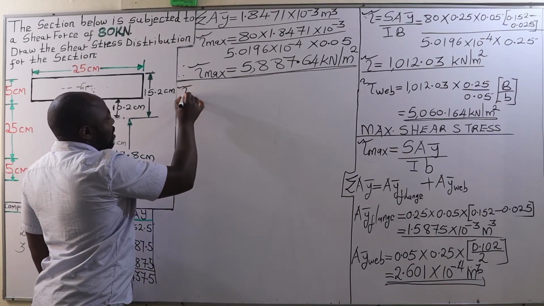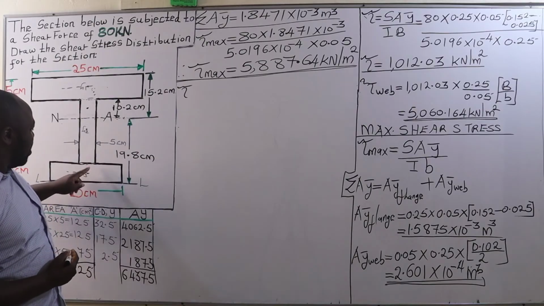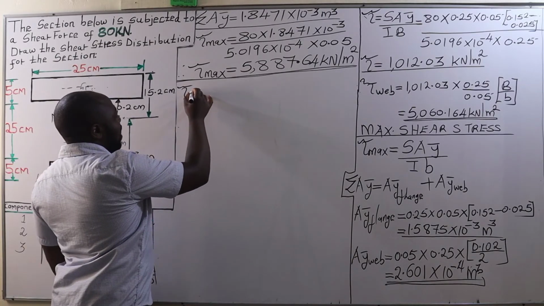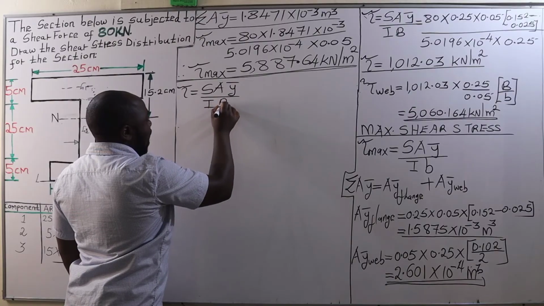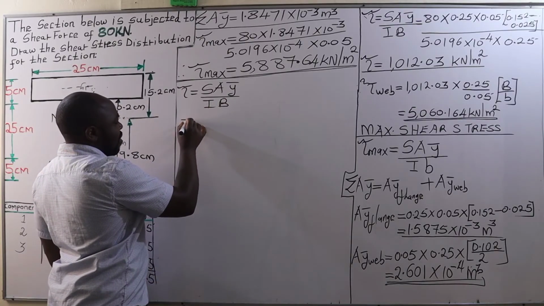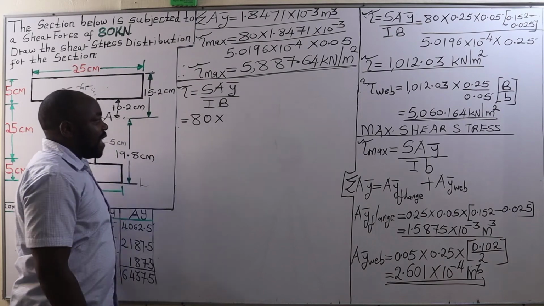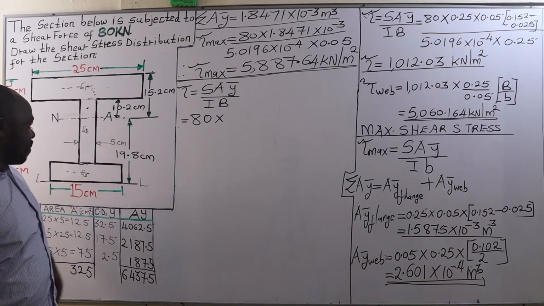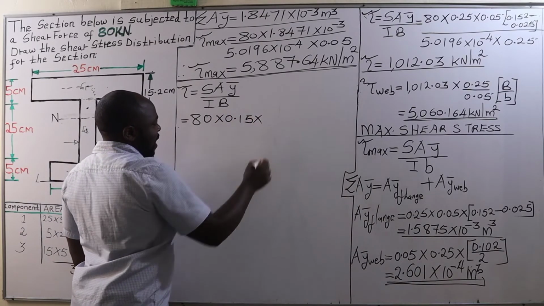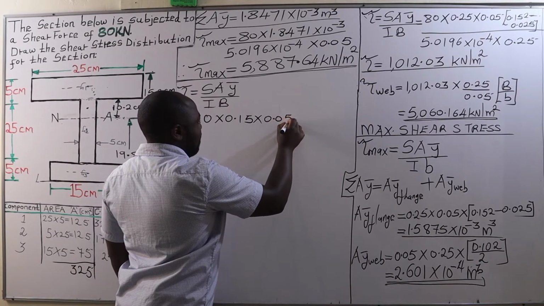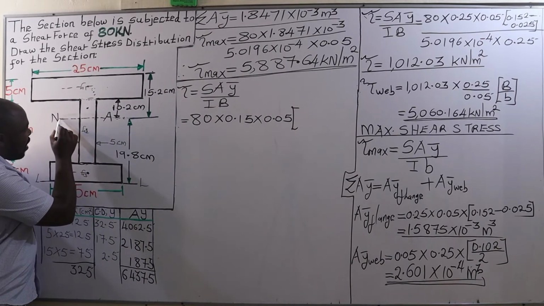Now, the shear stress in the bottom flange just at the junction between the bottom flange and the web will be given by S A bar Y divided by I B, which will be equal to shear force of 80 kilonewtons times the area of the bottom flange, which will be breadth of 0.15 times a depth of 0.05, into the distance from G3 to the neutral axis.